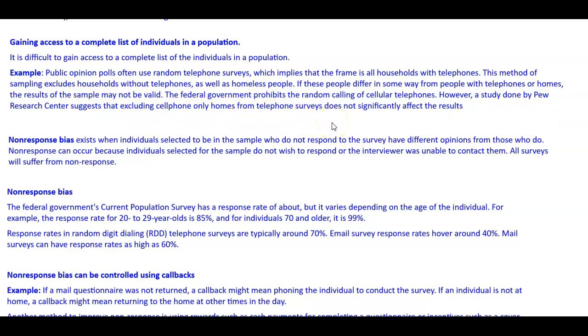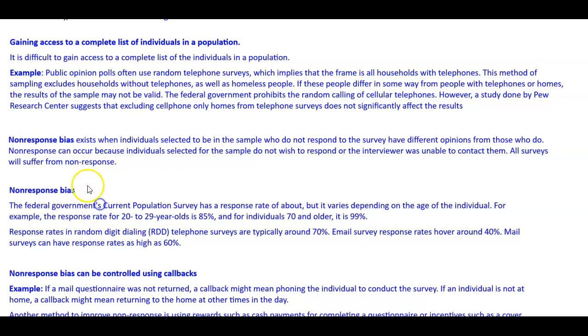If these people differ in some way from people with telephones or homes, the results of the sample may not be valid. The federal government prohibits the random calling of cellular phones. However, a study done by Pew Research Center suggests that excluding cell phone-only homes from telephone surveys does not significantly affect the results.